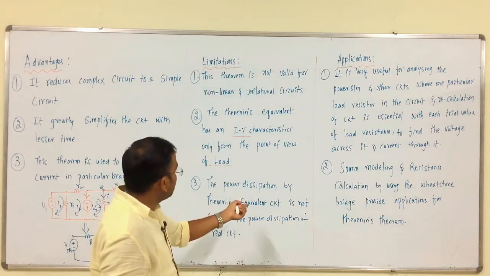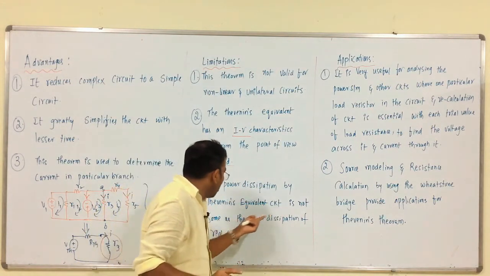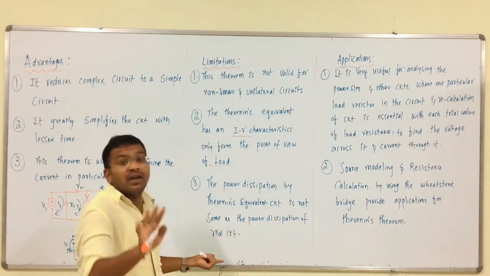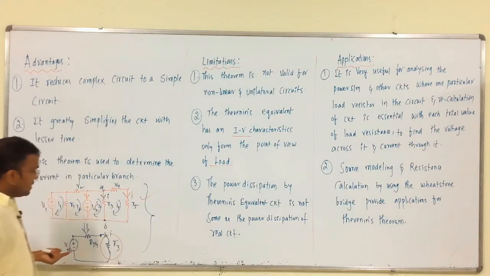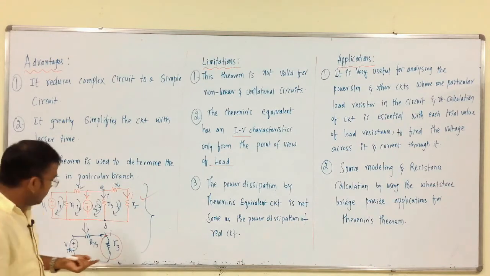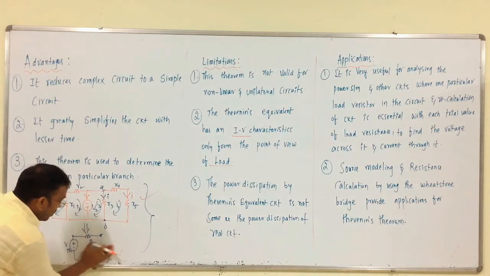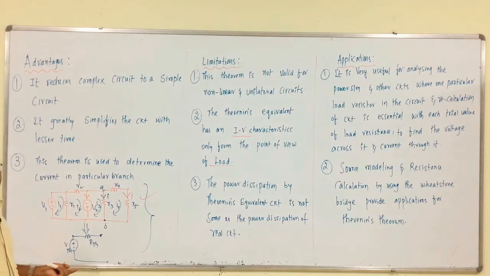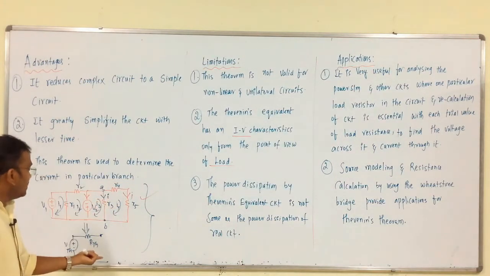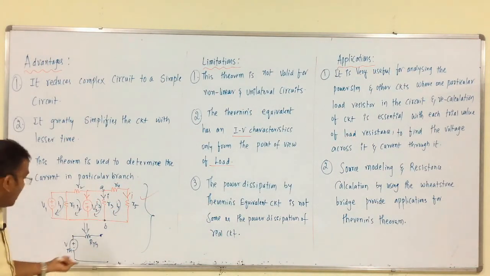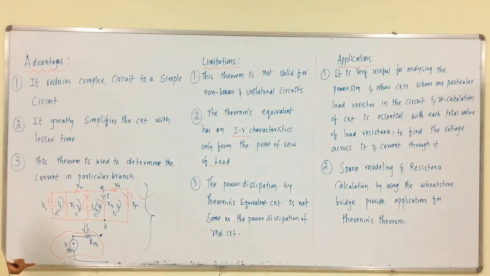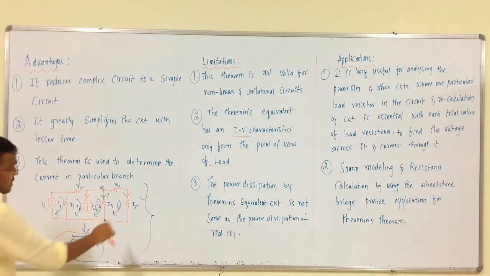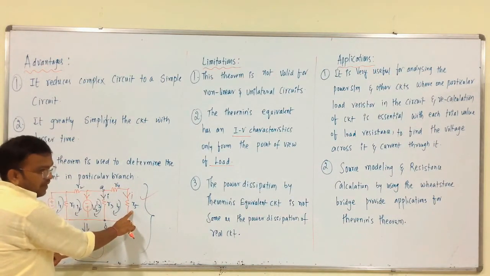Next, the power dissipation by a Thevenin's equivalent circuit is not the same as the power dissipation of the real circuit. For example, this is the real circuit, this is the given circuit, from this we are going to get the Thevenin's equivalent circuit. So, what is the Thevenin's equivalent circuit? This is the Thevenin's equivalent circuit, right. For this real circuit, this is the Thevenin's equivalent circuit. Then the power dissipation by this Thevenin's equivalent circuit is not equal to the power dissipation by this real circuit, right.